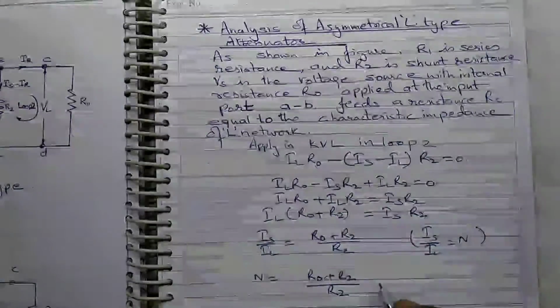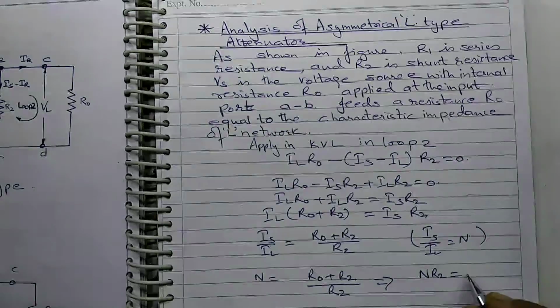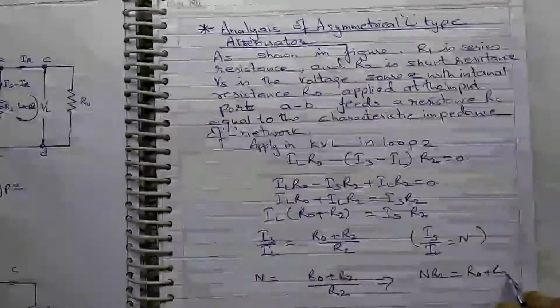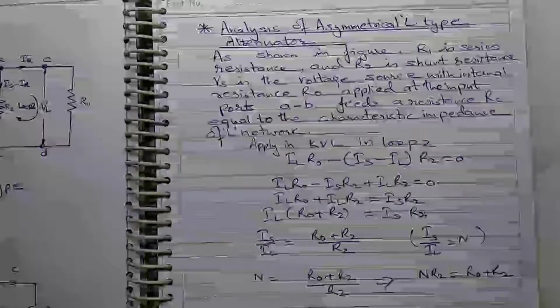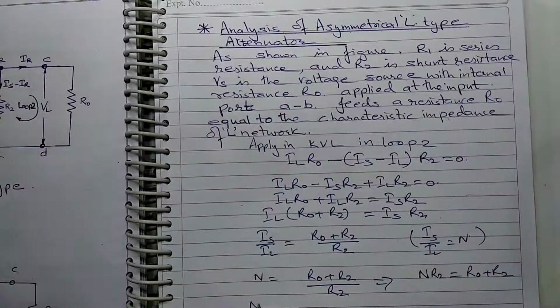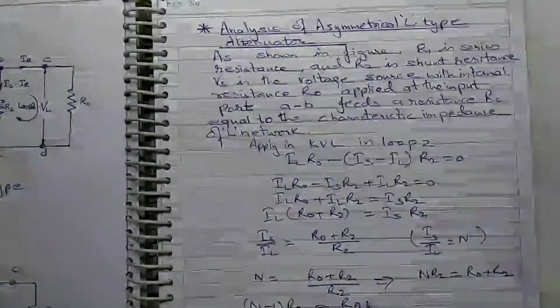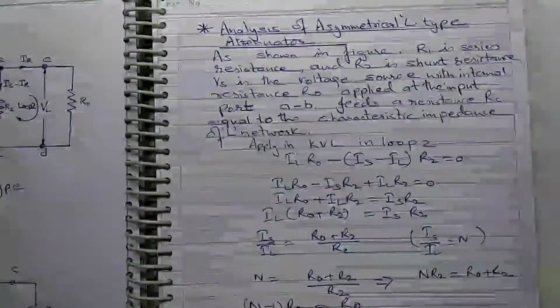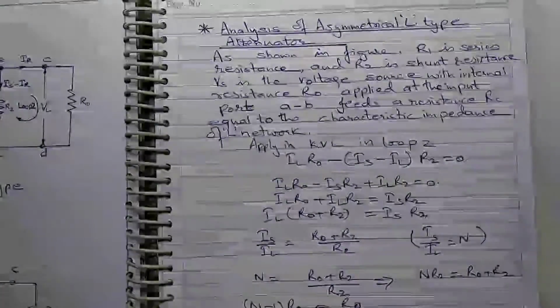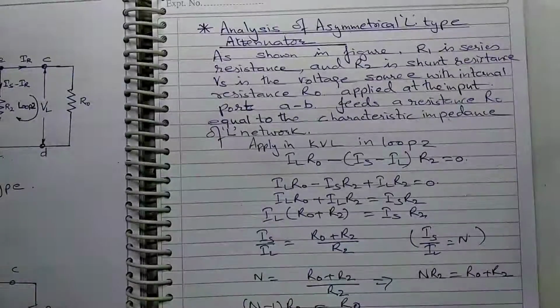So, cross multiplying, we get N R2 is equal to Ro plus R2. So, taking R2 to the other side, (N minus 1) into R2 is equal to Ro. Therefore, R2 is equal to Ro divided by (N minus 1). So, that is the first result.